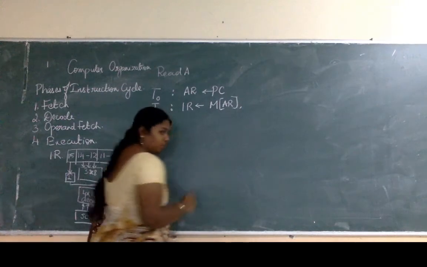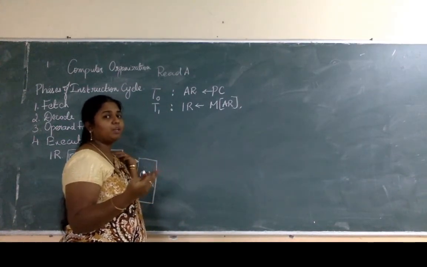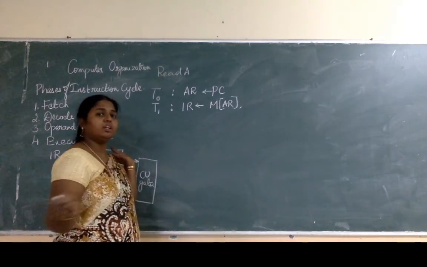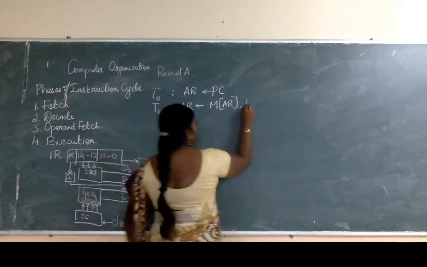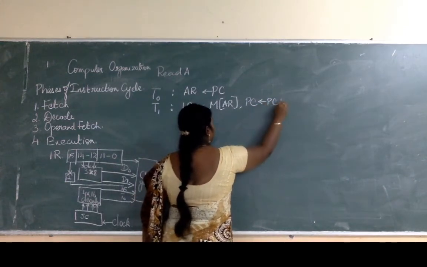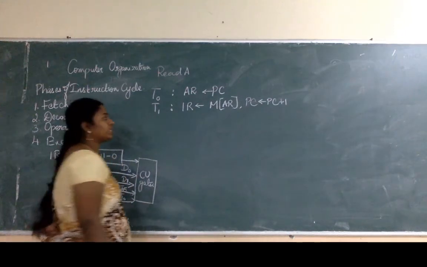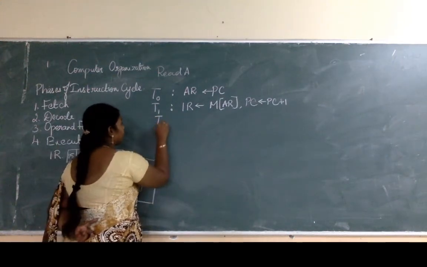And once this instruction starts execution, I should increment the program counter to indicate the location of the next instruction. So I am going to increment the program counter value by 1 and store it inside the program counter.